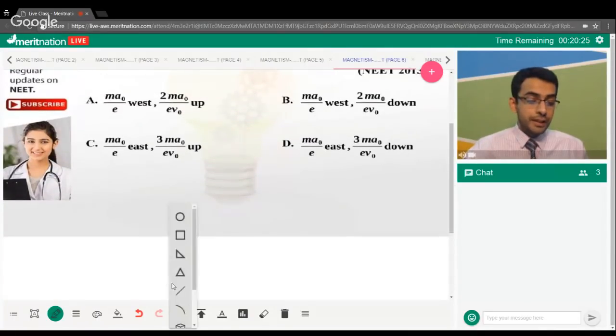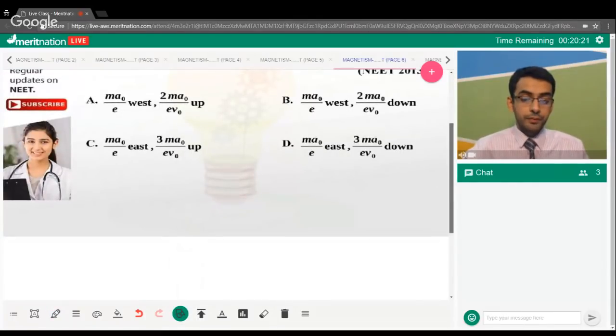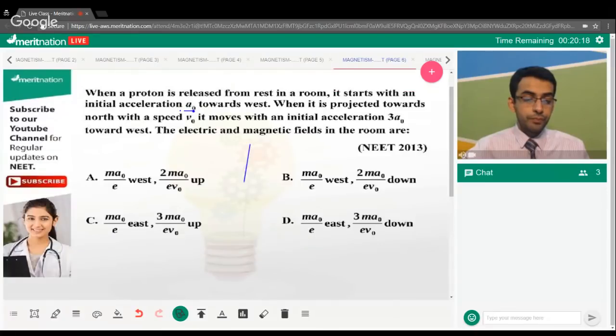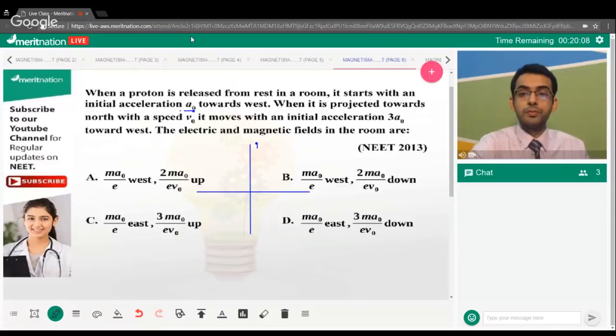We can make the directions: north, south, east, and west.